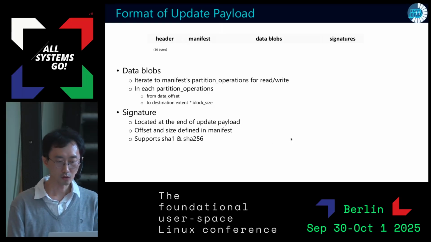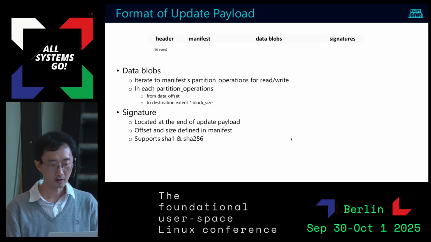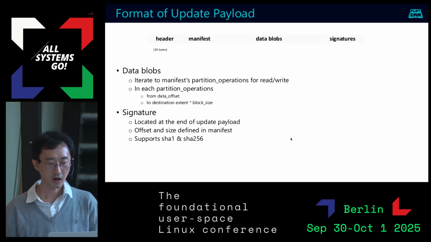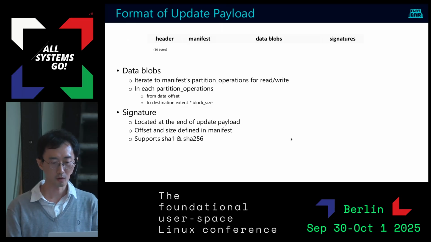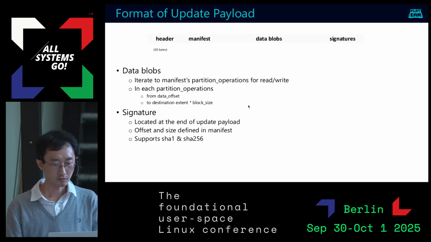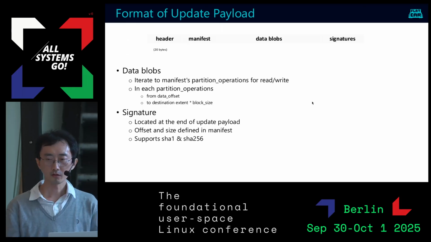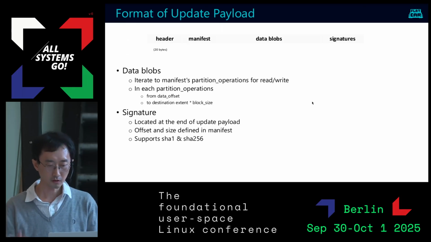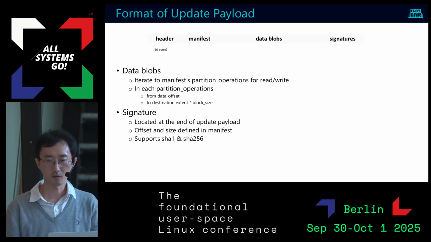If you want to read actual data from it, you need to iterate into the manifest's partition operations, go into each entry, and locate the data offset and destination extents times the block size. It sounds a little tricky, however it is already done and implemented in both update engine and UERS.